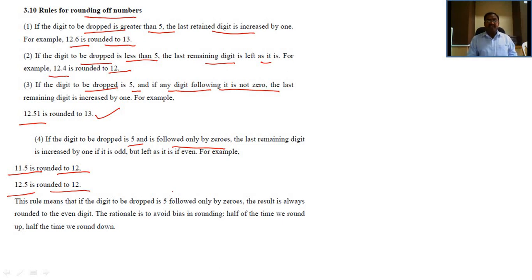This rule means that if the digit to be dropped is 5 followed only by zeros, the result is always rounded to the even digit. The rationale is to avoid bias in rounding: half the time we round up, half the time we round down.